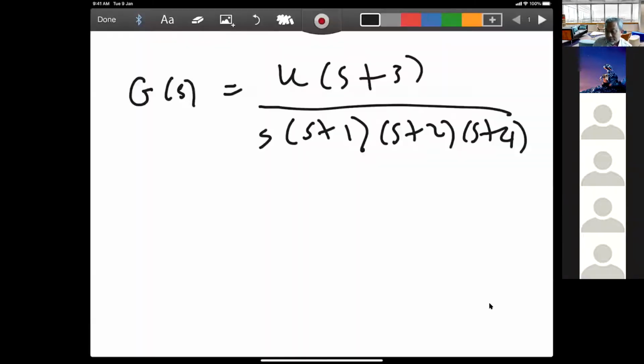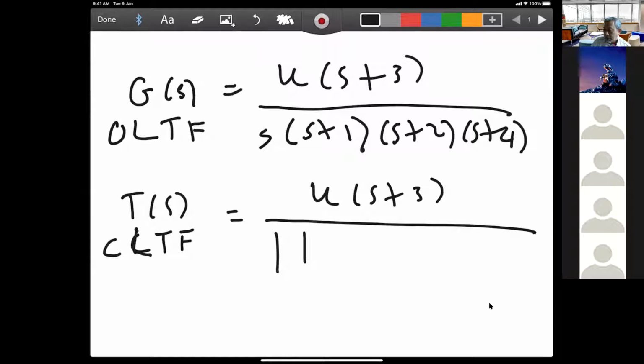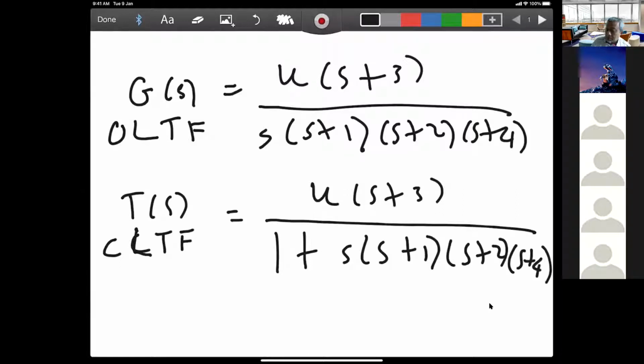Doctor, it would be G of s divided by 1 plus G of s. That is K into s plus 3, K s plus 3 divided by 1 plus, s plus 2, s plus 4. Yes, doctor. Is this correct?